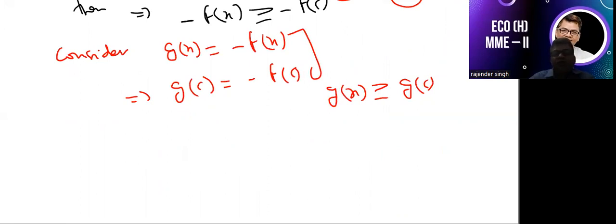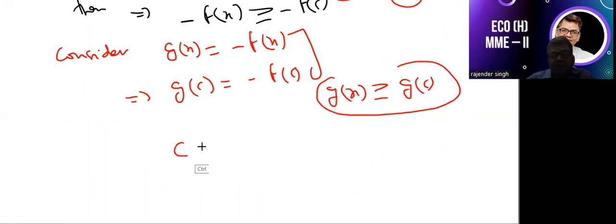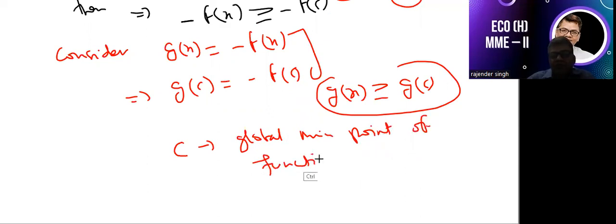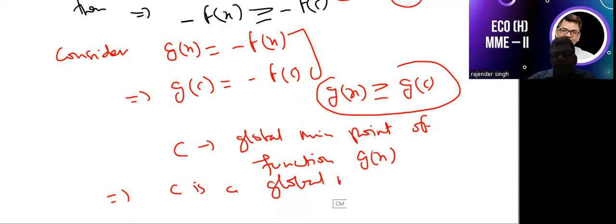According to the definition of the minimum point of a function, this c becomes the global minimum point of function g of x. Means in place of g of x I can write minus f of x.